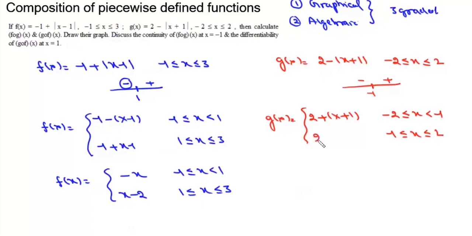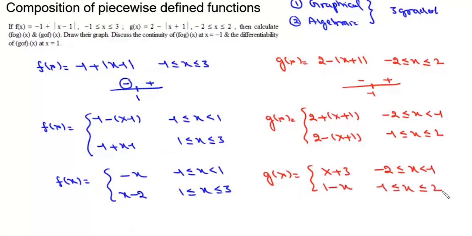Now here it will be positive, so it will be 2 minus x plus 1. Now g(x) is basically x plus 3 when x lies between minus 2 and minus 1, and it will be 1 minus x when x lies between minus 1 and 2.